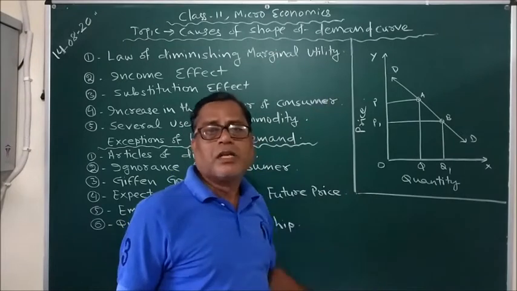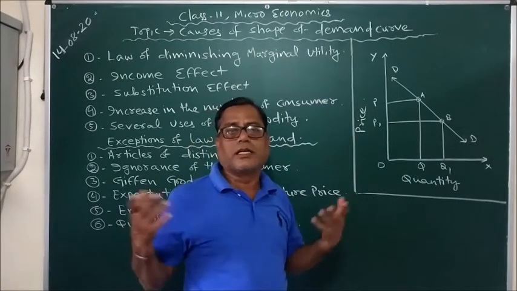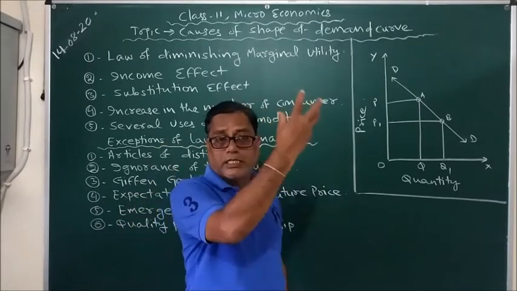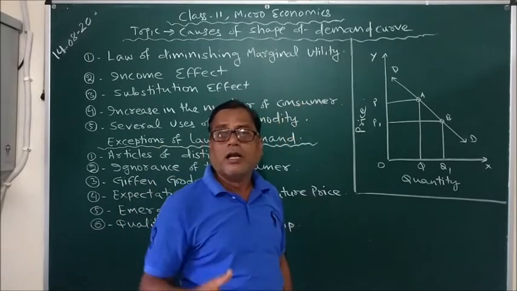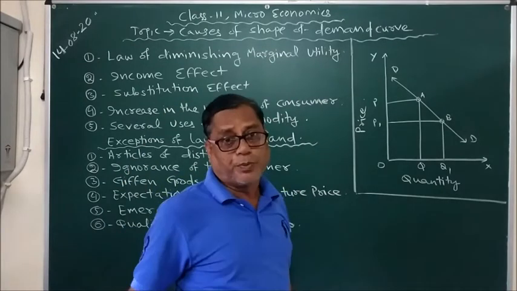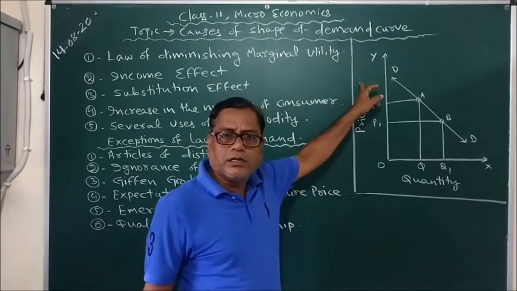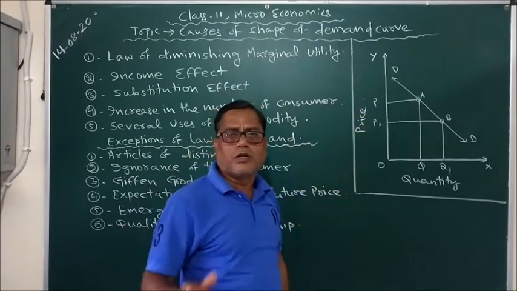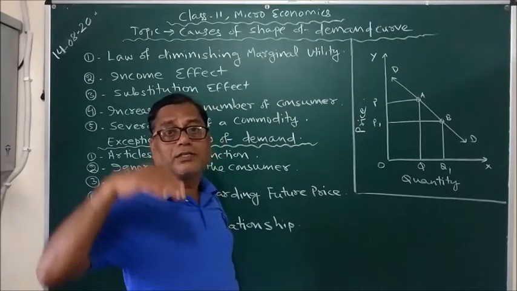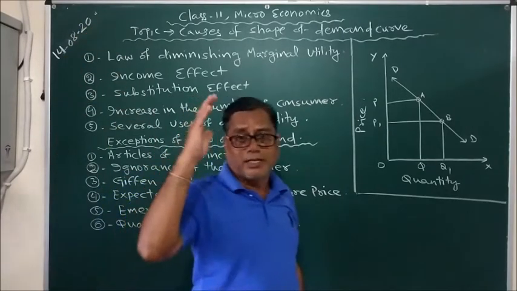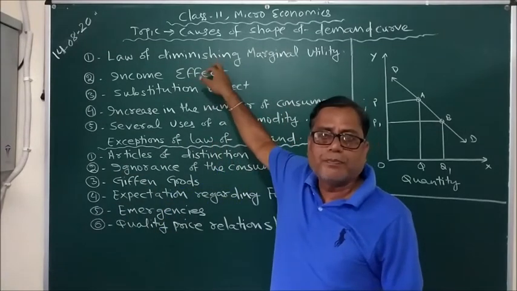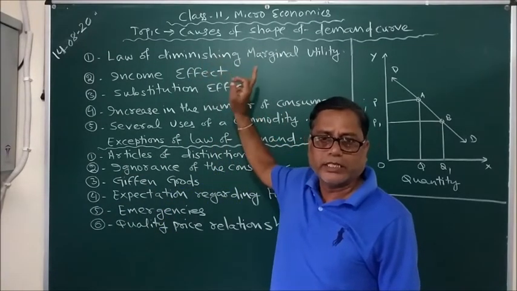That's why the consumer will be encouraged to consume more goods, so that his marginal utility will fall and become equal with the reduced price, or the new price. So that is the reason why when price falls, the consumer buys more, and when the price rises, the consumer buys less. The first reason being the operation of the law of diminishing marginal utility, or DMU.